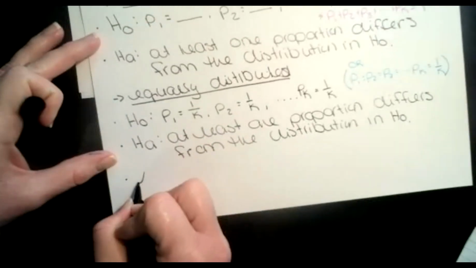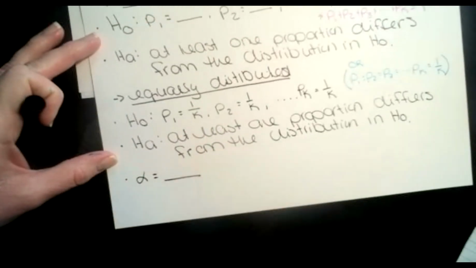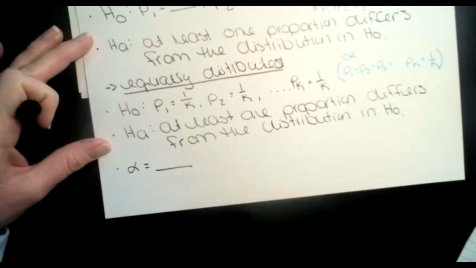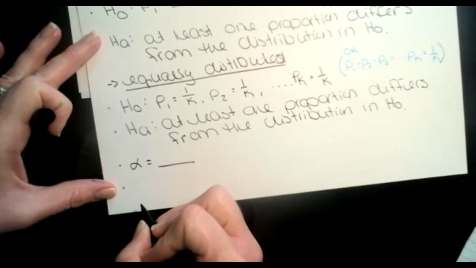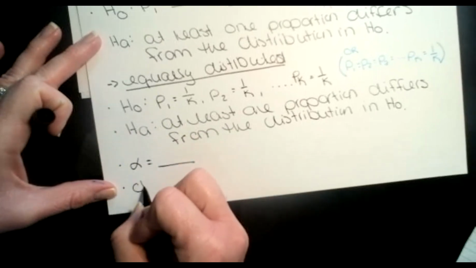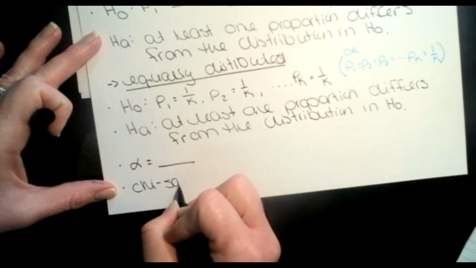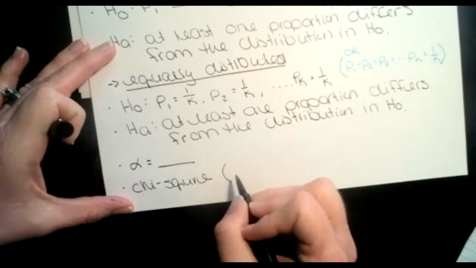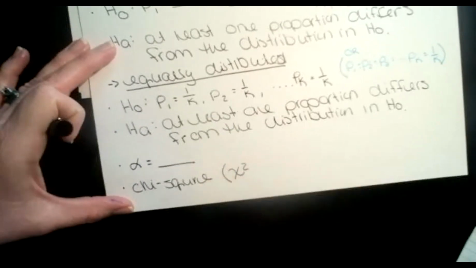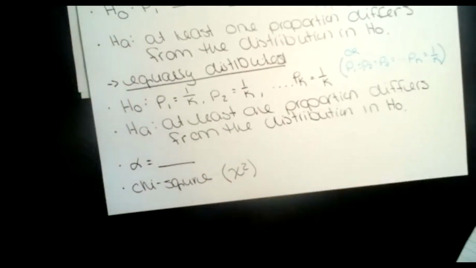So of course, I want to identify what my alpha is going to be. Same idea, 5% or 1%. Usually it's 5. And I want to make sure I mention what curve I'm on. So now I need to say that I'm on the chi-square curve. When you're typing it up, sometimes it's easier to type out chi-square, or you can find the Greek letter chi-square and put it in.